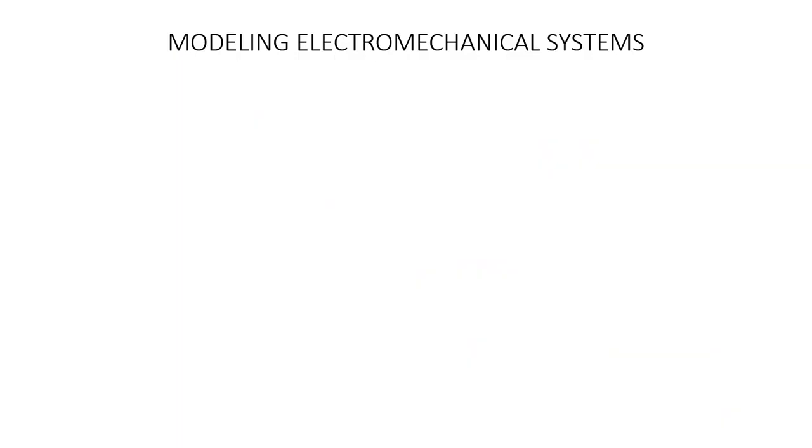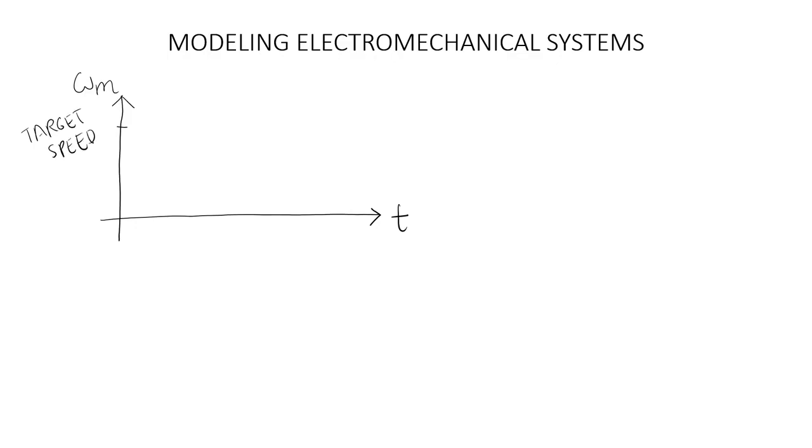A quick recap of exactly what we are trying to achieve is summarized here. We want our motor to attain its desired speed as quickly as possible. So for that, if we can plot this motor speed omega m profile as a function of time, and suppose this is the target speed, and this is specified by the motor supply voltage, which in turn depends on ED.